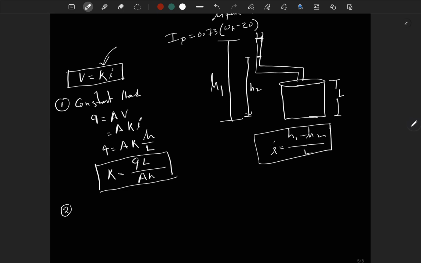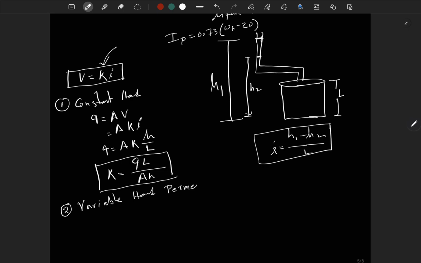Another one is the variable head permeability test.